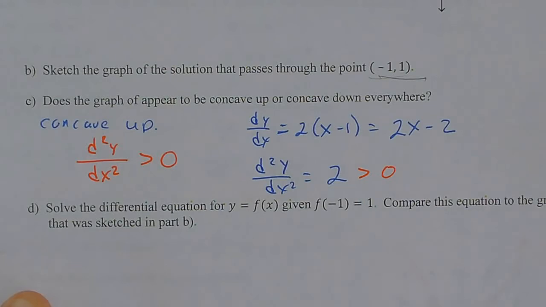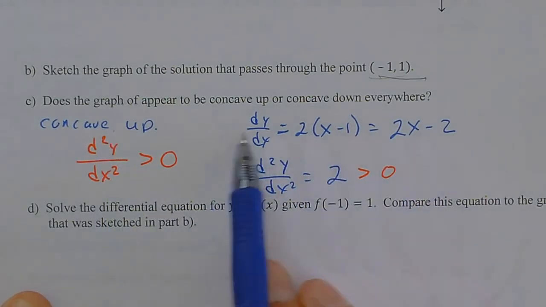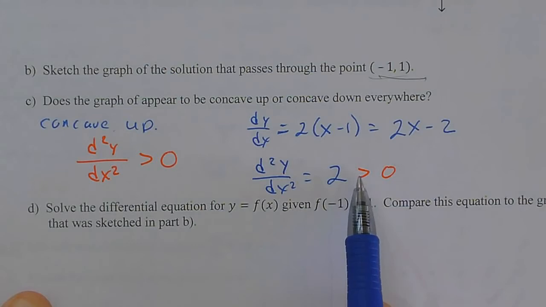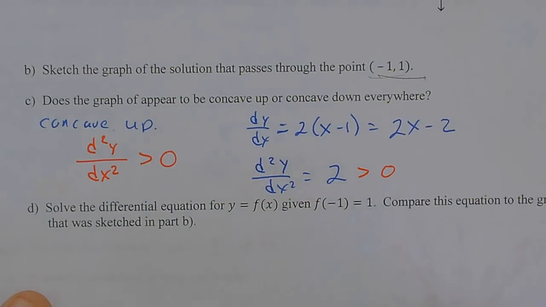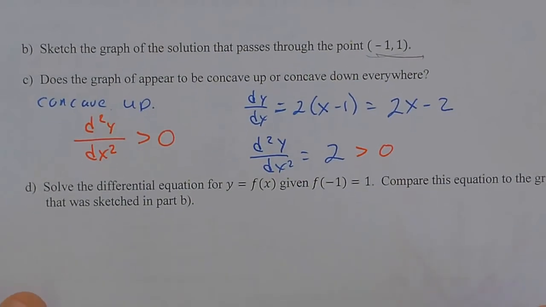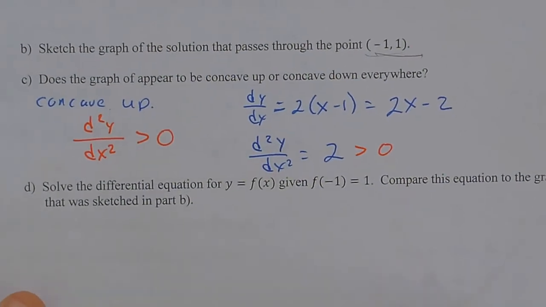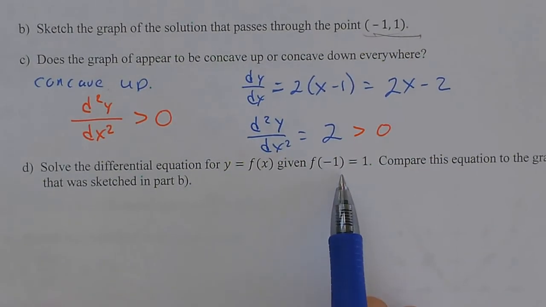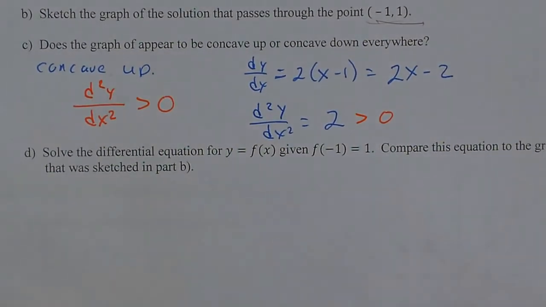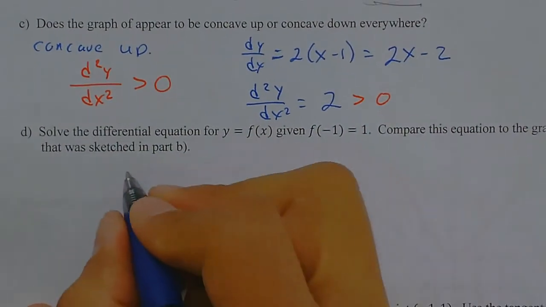Part D, the next one. Solve the differential equation y equals f of x through that given point. All right, so let's see. If I am given dy dx to be 2x minus 2, we can ask you to find the y by integrating the derivative.